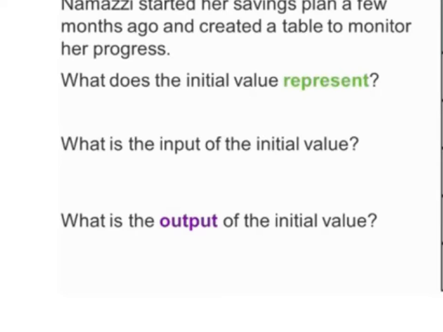And that represents $55 that has been saved already, okay?